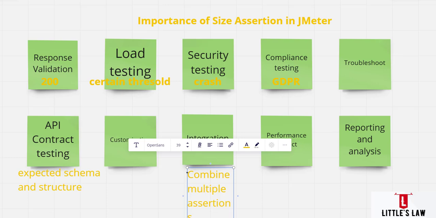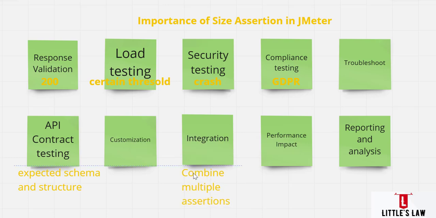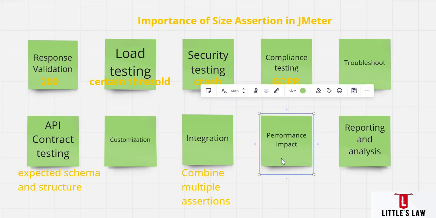For example, we could use a response code assertion to verify the response status code is correct, and a size assertion to verify the response size is within an acceptable range. Right? So we are combining the size assertion and the response code assertion in a single test so that we can identify whether the response is complete and correct. And then the ninth one is the performance impact.